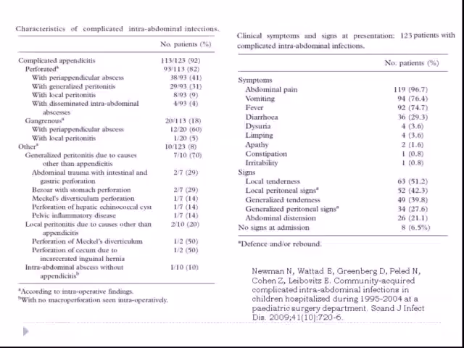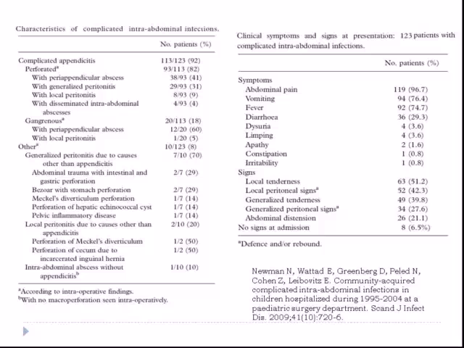Now, this is a nice study, 5 years old, published in the Scandinavian Journal of Infectious Diseases, and this is a descriptive study, basically detailing community-acquired intra-abdominal infections that were complicated. These are kids who are all hospitalized.